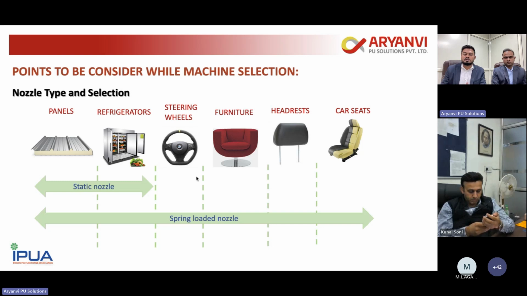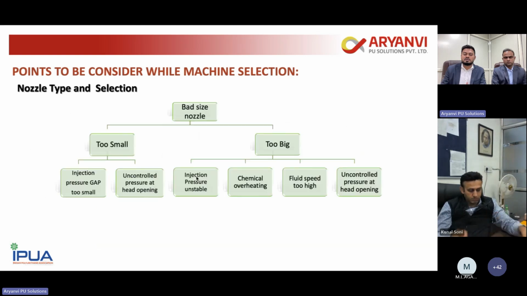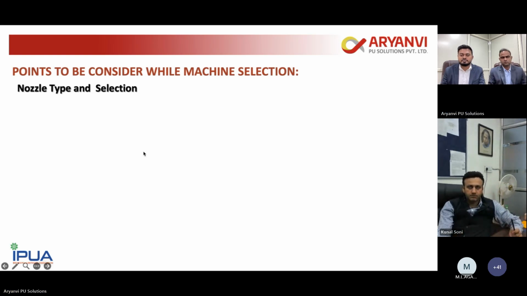After this, it is also very important to select the right size of the nozzle. If you have not selected the right size of the nozzle, then there will be multiple issues. Let's discuss what these issues are.